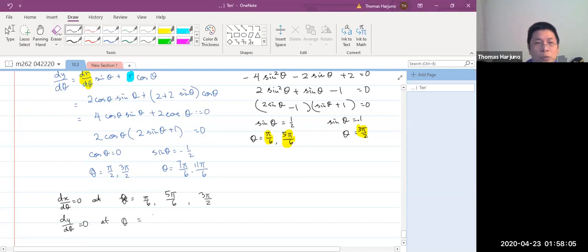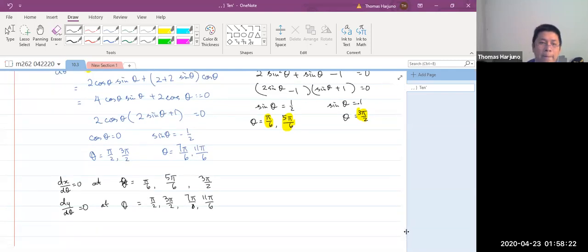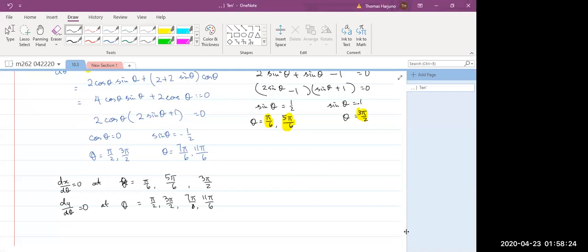Theta equals pi over 2, 3 pi over 2, 7 pi over 6, 11 pi over 6. Do you see any common angle? 3 pi over 2.